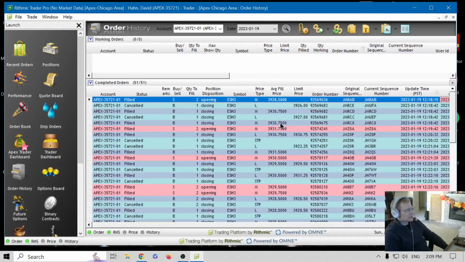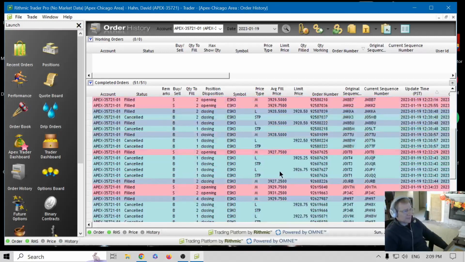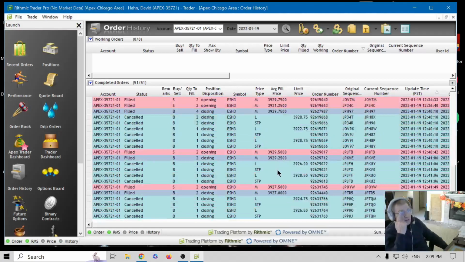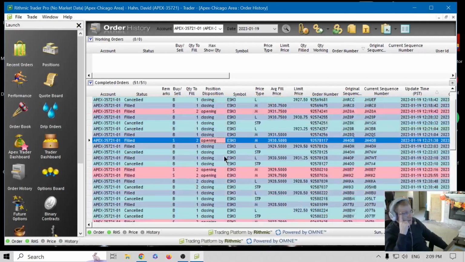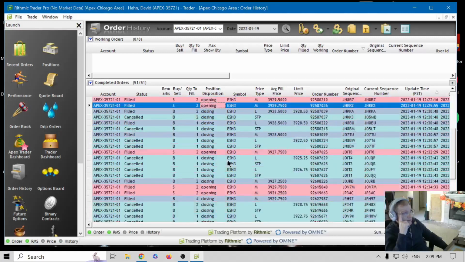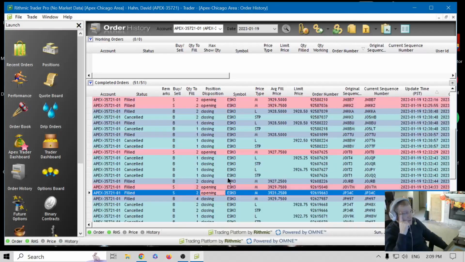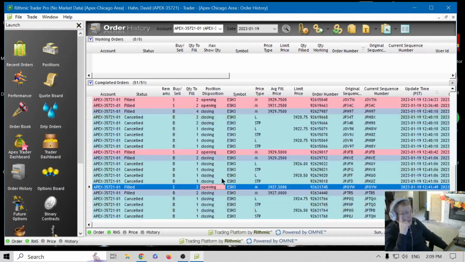So that would be a loss. Sold. 2 bought back. So that's a win. Essentially a couple of wins in there. So anyway, going through without doing the math. 2, 4, 6, 8, 10, 12, 14, 16, 18, 20 contracts traded.